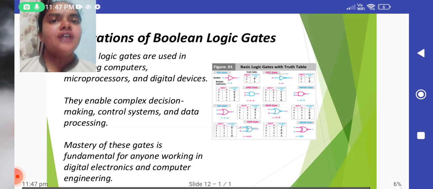And we have to discuss applications of Boolean logic gates. Boolean logic gates are used in designing computers, microprocessors and digital devices. They enable complex decision making and control of systems and data processing.